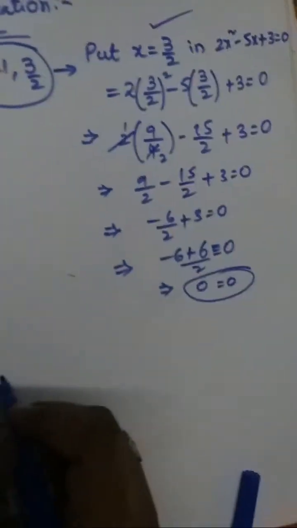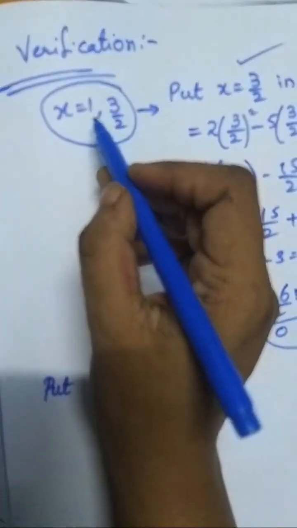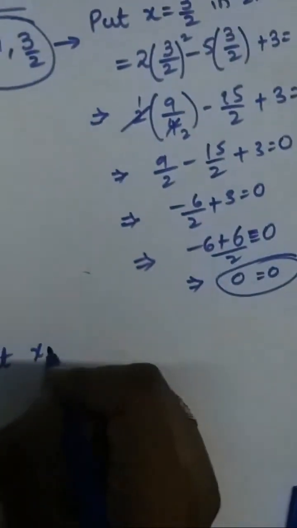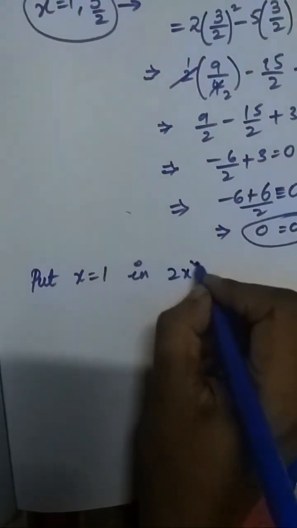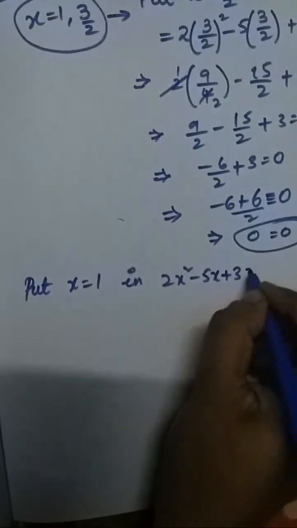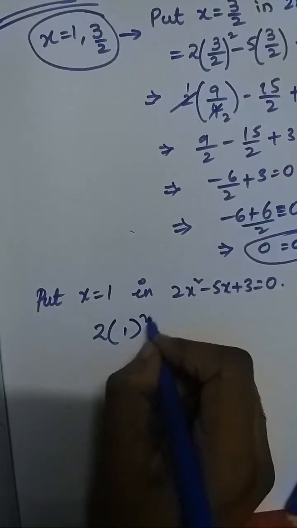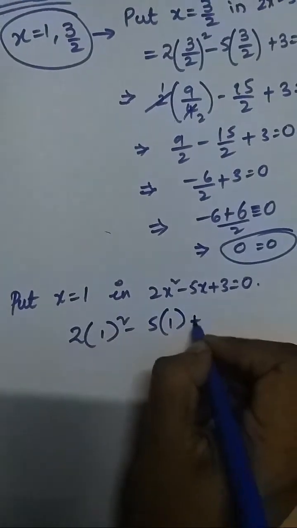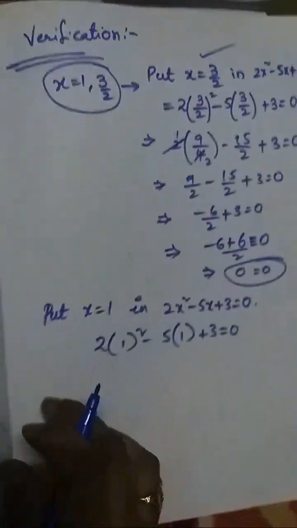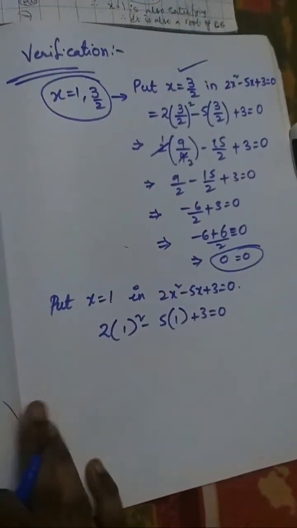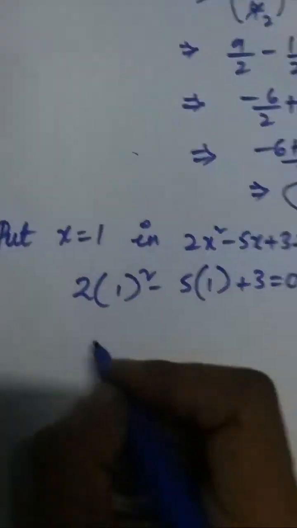Okay, and next is putting the other value we have obtained, x equal to 1. First put x equal to 1 in the given equation: 2 into 1 whole square minus 5 into 1 plus 3 equal to 0. This part is also very important, children. We have to verify whether the obtained roots are correct or not.